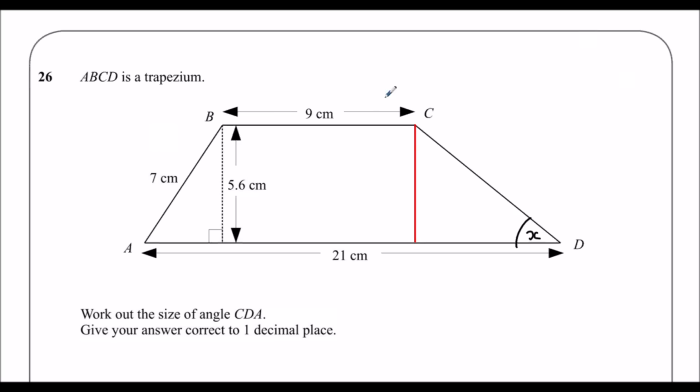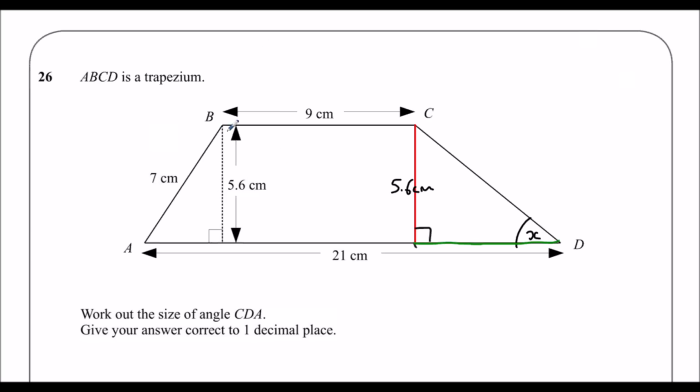So if we draw a straight line down from C and make a right angle triangle over here, we can say that this length going down from C is the same as the one going down from B. Because it's a trapezium, that means we've got two parallel sides. So that's 5.6 centimeters.